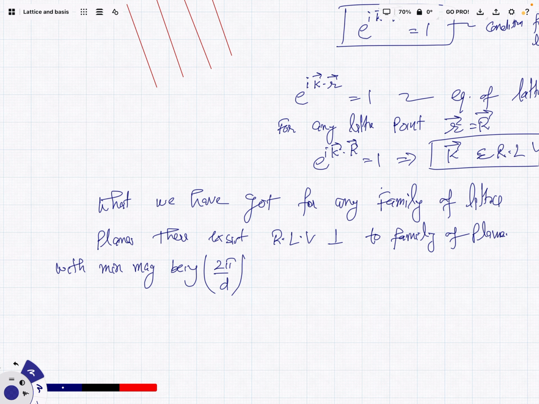You cannot have a reciprocal lattice vector perpendicular to this family of planes with magnitude lower than this. So okay, good. So we are kind of done.